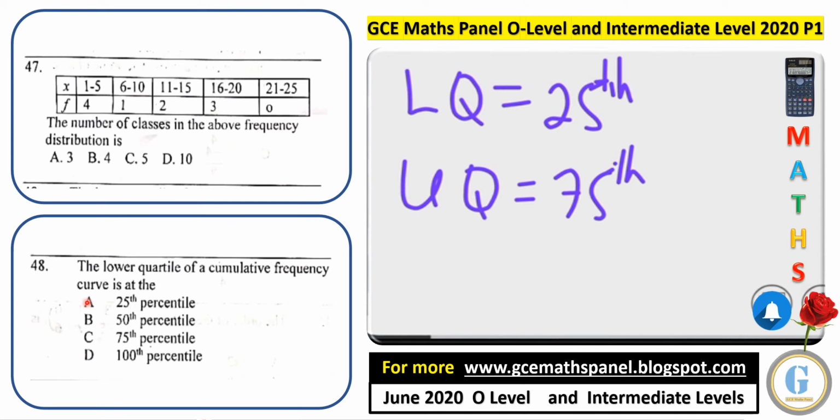Normally, the 50th percentile is the median. So our key here is A.